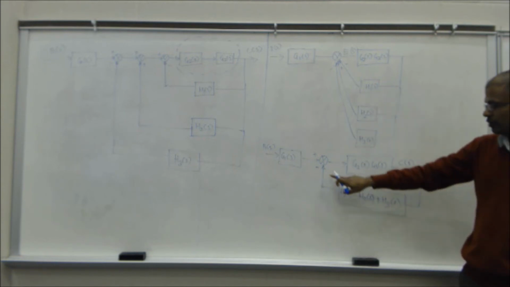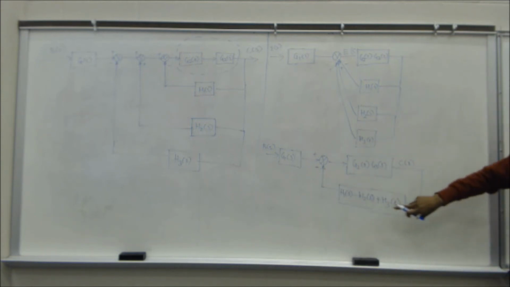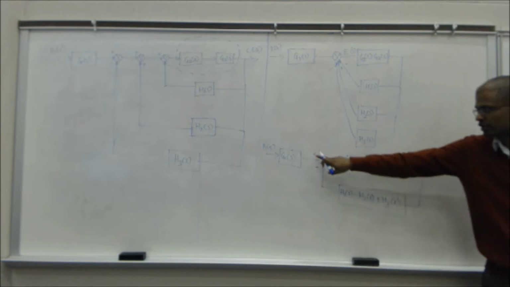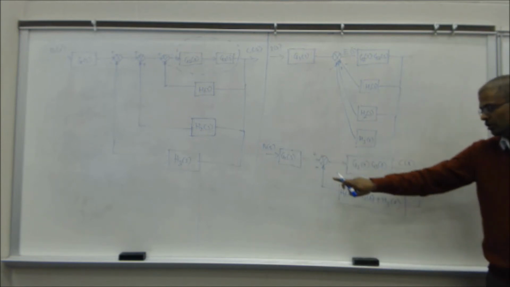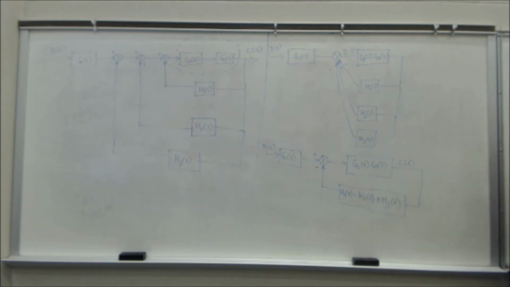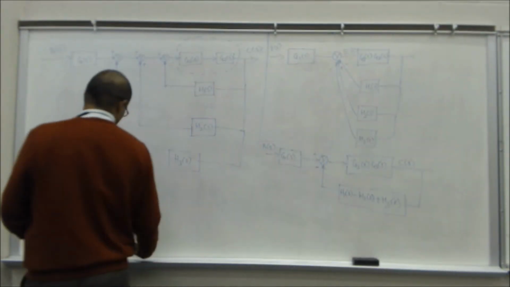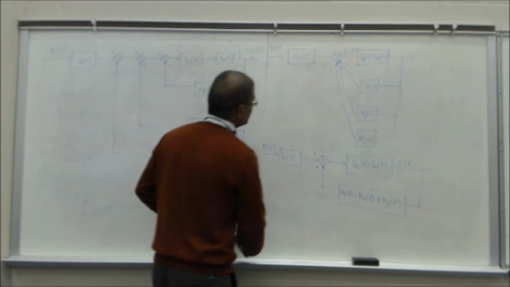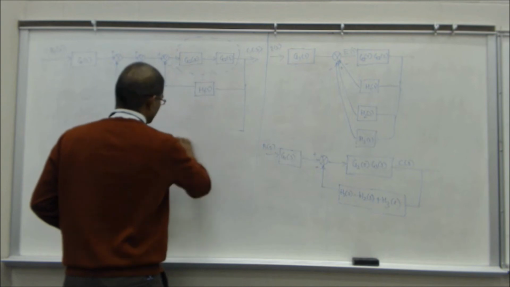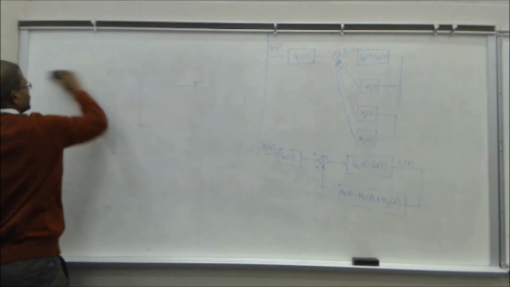So what I've done is I've just kept the minus sign here and combined or added the other signals. So it would again be this signal, I have not changed this signal, minus H1 plus H2 minus H3. Okay? So let's look at it.